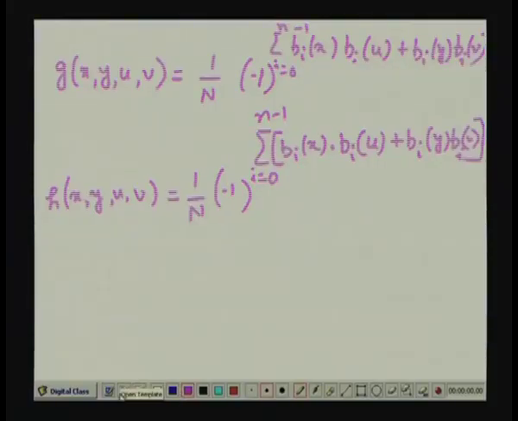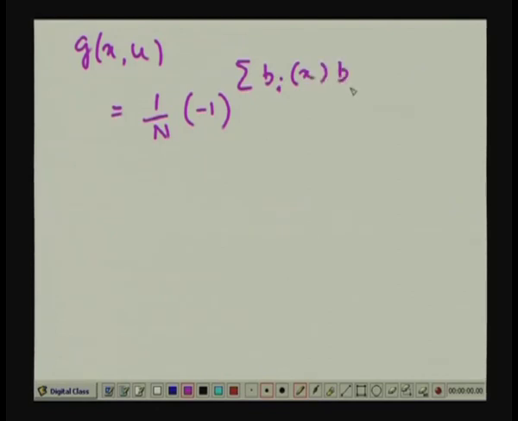So, as we have seen that one dimensional Hadamard transformation is given by g x u is equal to 1 upon capital N minus 1 to the power summation b I x into b I u, where I varies from 0 to lowercase n minus 1. And let me mention here that all these summations follow modulo 2 arithmetic. That means, these summations are actually nothing but ORing operation of different bits.